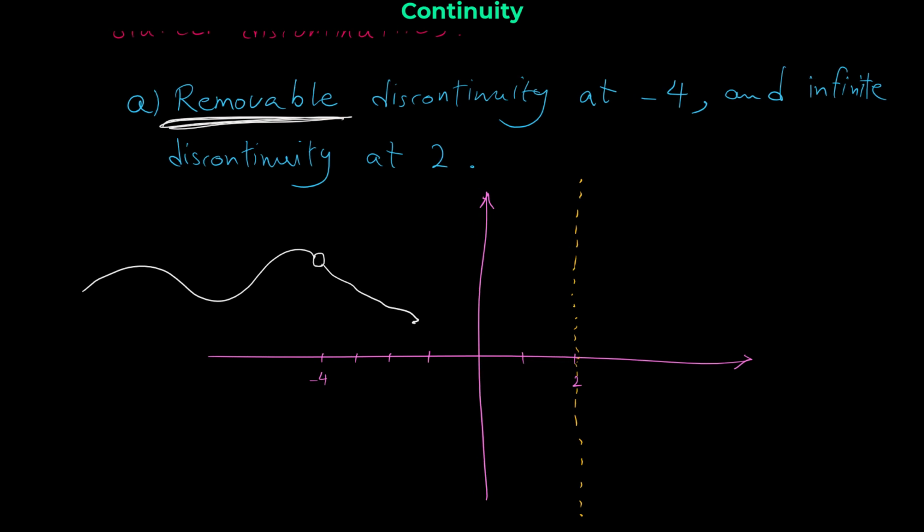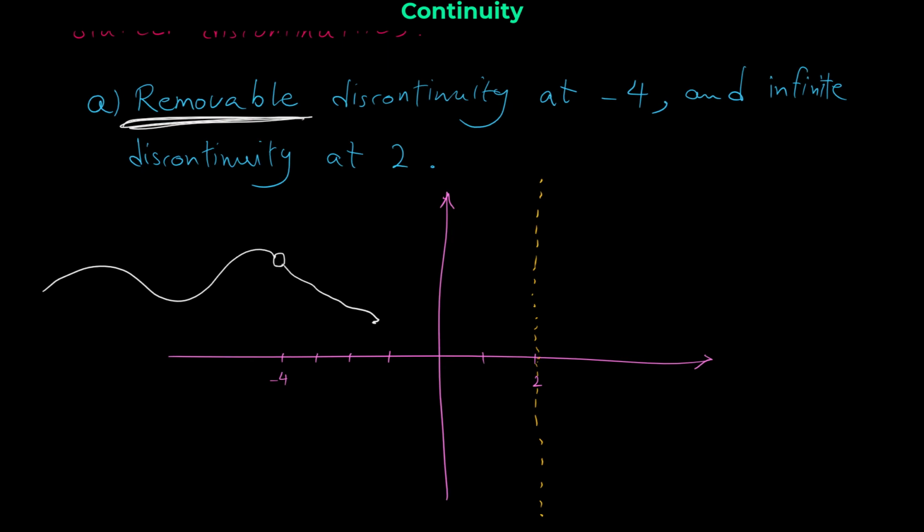But when I approach point 2, I have to go toward positive infinity, or maybe you prefer to start from here and go to negative infinity. It's completely again optional, but you have to go to infinity because we have infinite discontinuity at 2. And going up or down is completely optional because we have no information about that.